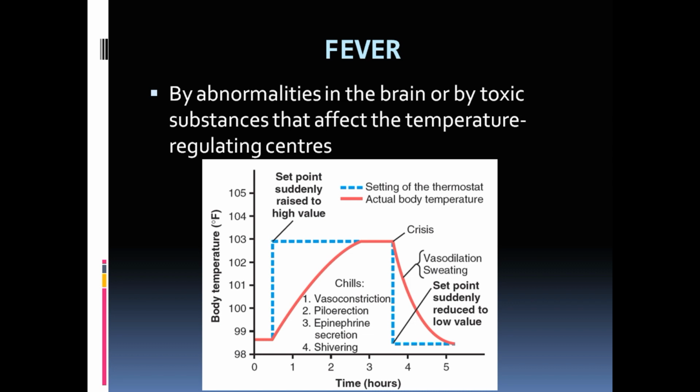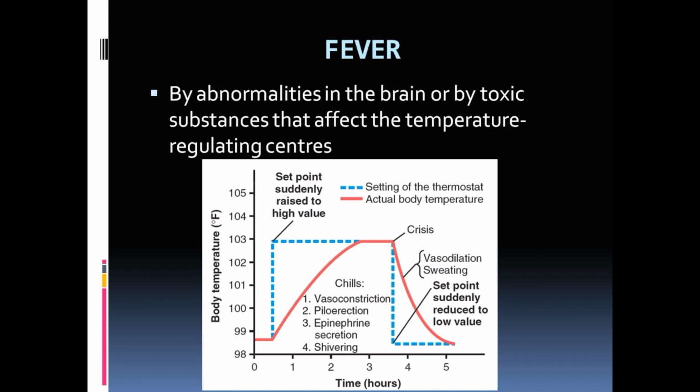What are the causes of fever? Abnormalities in the brain are one cause, like compression of the hypothalamus by certain kinds of tumors. And the most important cause is a toxic substance that affects the temperature regulating center.